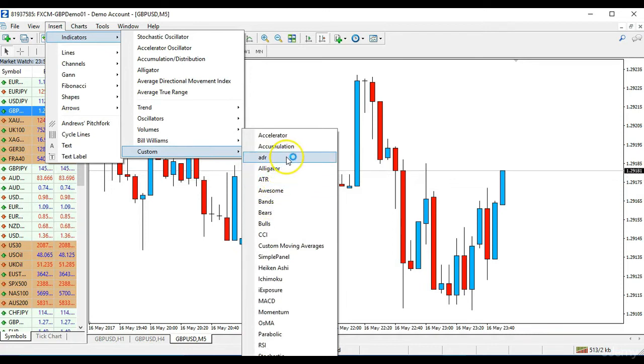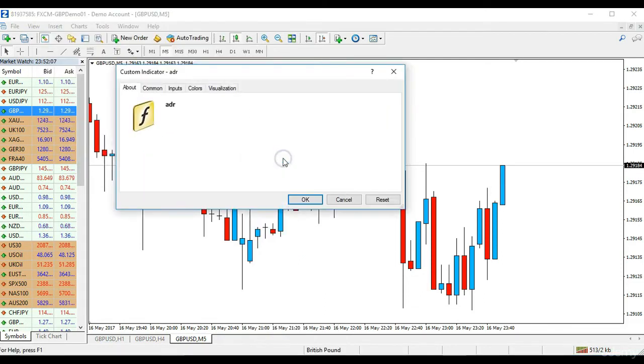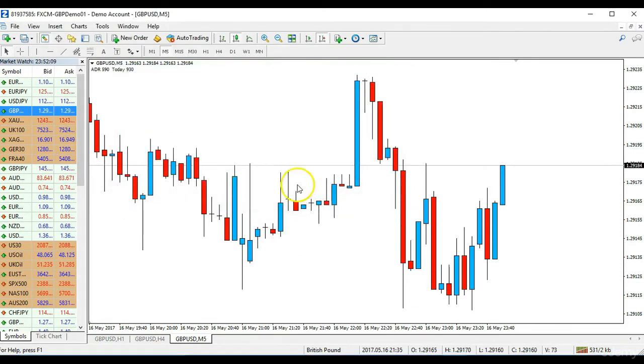There's a couple of indicators I use, okay, but I use them as a guide. They are a help, but they are not a leader. In fact, let me click one of the ones I use. This one is called an ADR indicator. What it does is it works out what the daily range was for the past 5 days, and it tells you what you should expect for today.